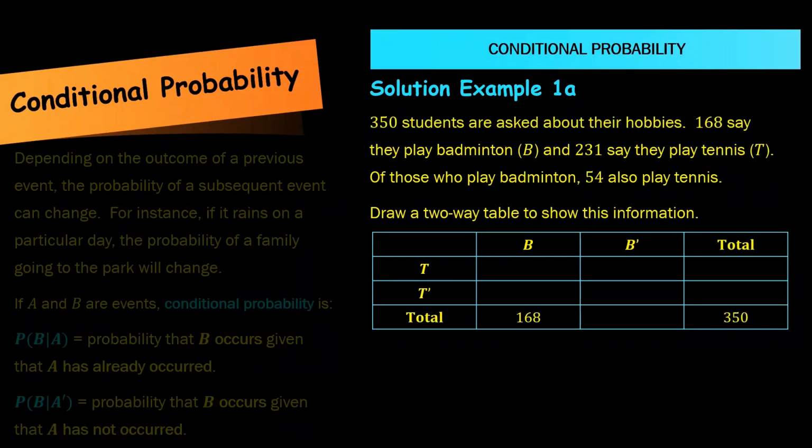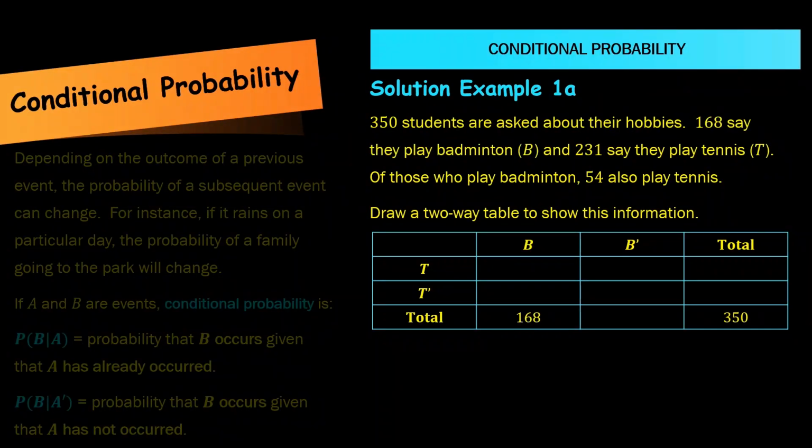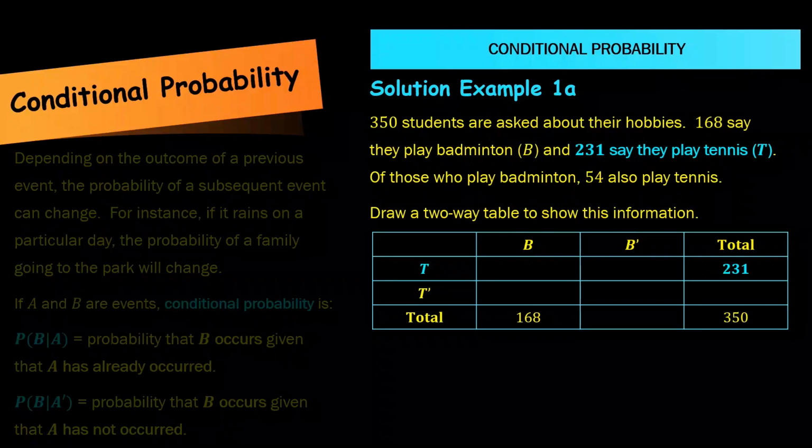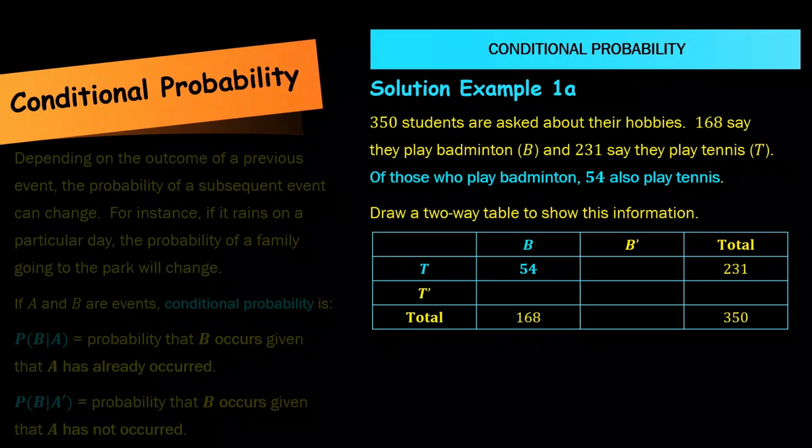Out of these, 168 say they play badminton, so that goes in the badminton total cell. 231 say they play tennis, so that goes in the tennis total cell. Of those who play badminton, 54 also play tennis, so this goes in the cell which crosses badminton with tennis, as shown here.